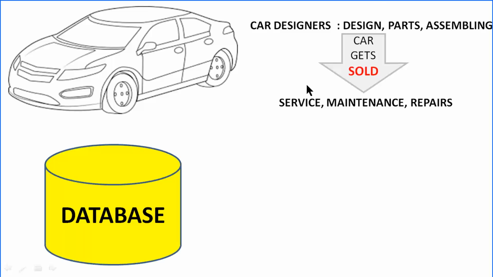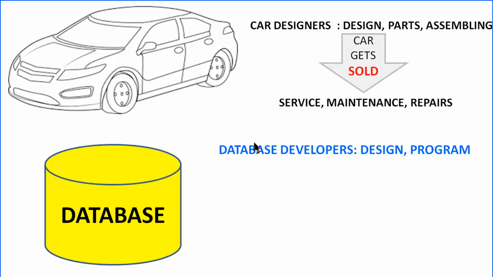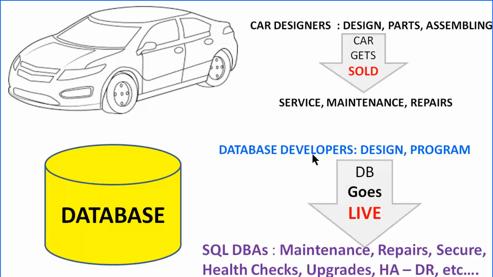Same way with a database: developers should be involved in the design and coding of the database. Once it goes live, then comes maintenance, repair, security, and so on, the administrator's job. The complete operations will be monitored by the DevOps team, development plus operations, separately.